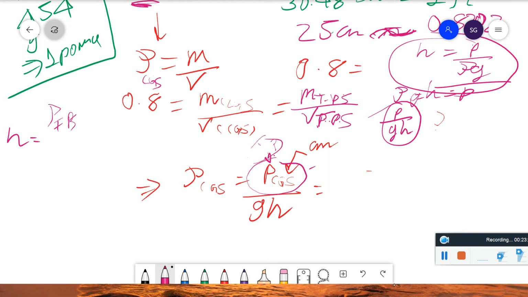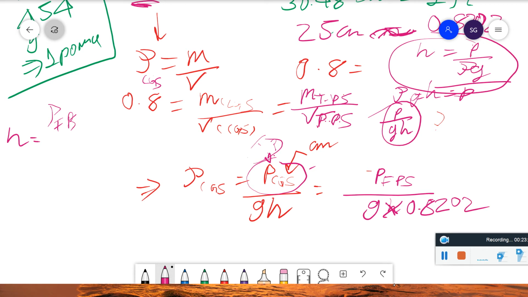So we will just write P FPS upon G, and HFPS we know this. What we know is HFPS is equal to 0.8202. Fine.